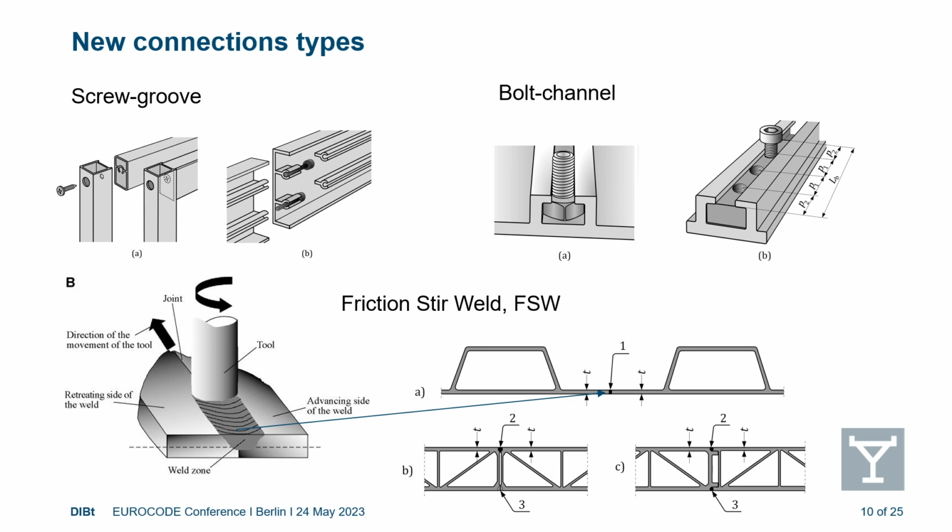For example, this friction stir weld is an innovative welding process which has been patented at the Welding Institute in Cambridge, UK. And it is possible with aluminium, but not with other materials, and enables the possibility to create very long joints with no filling material and with a very good fatigue response. That's the reason why it was introduced in the code.